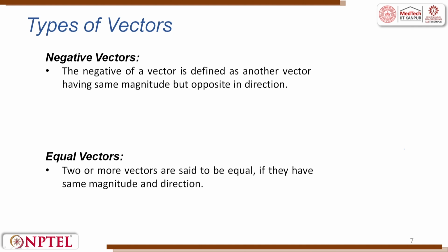So, you have negative vectors, you have equal vectors. Negative vector of a vector is defined as another vector having the same magnitude, but opposite in direction. For example, this is the way it goes, so now the negative vector will be in this way.